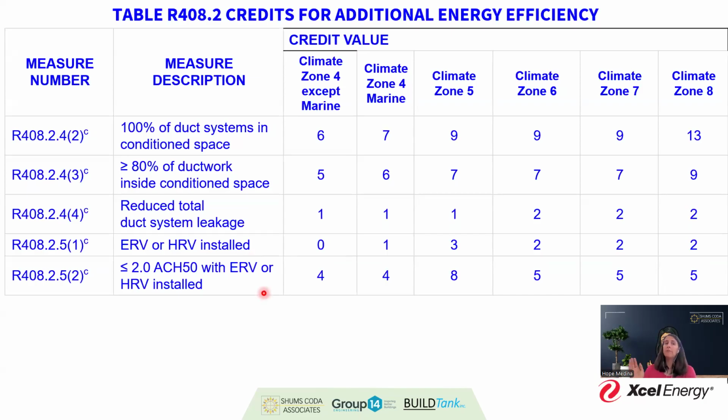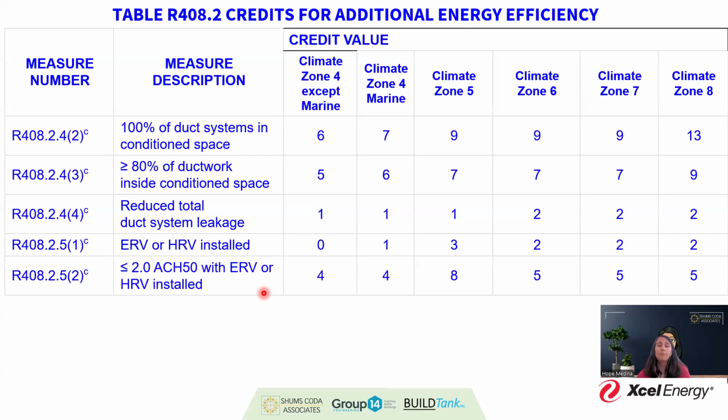Your ductwork, if you have it all within conditioned space, you get some pretty good points out of it. If 80% of the ductwork is in conditioned space, it does change it.